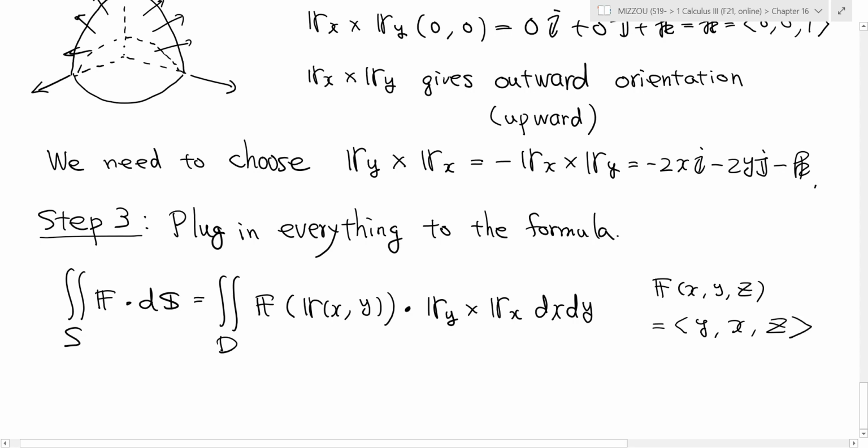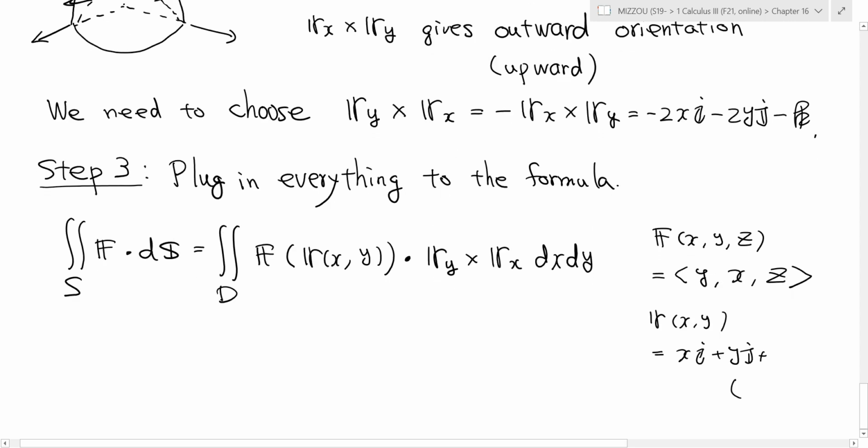Okay, that's how it's given. And our parameterization r of x, y was x i plus y j plus 1 minus x squared minus y squared k, right?